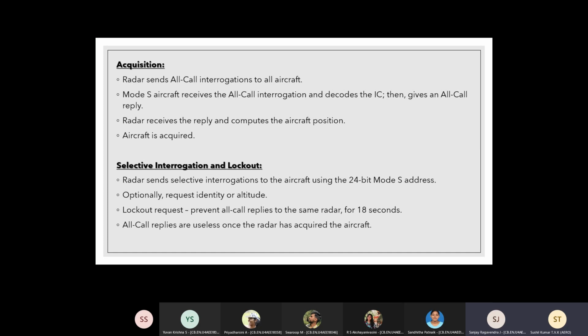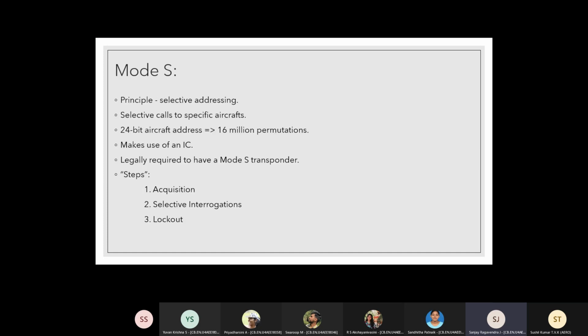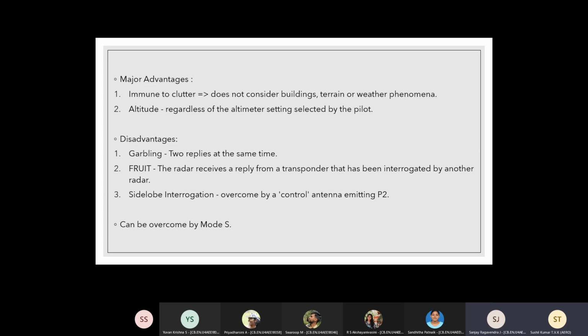Can you tell them why it decodes the IC? The receiver decodes the IC. How is it going to help the communication? We saw that fruiting is when the transponder sends out a reply which is received by a radar which did not interrogate in the first place.